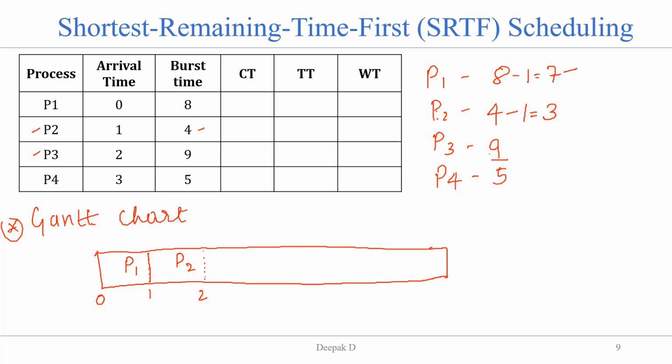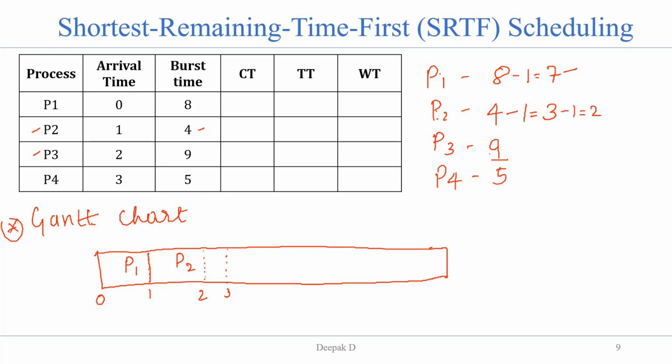So I compare P1, P2 and P3. Among these three, P2 is having the shortest remaining time. So I execute one more millisecond. So here it is 3 minus 1, it is 2.